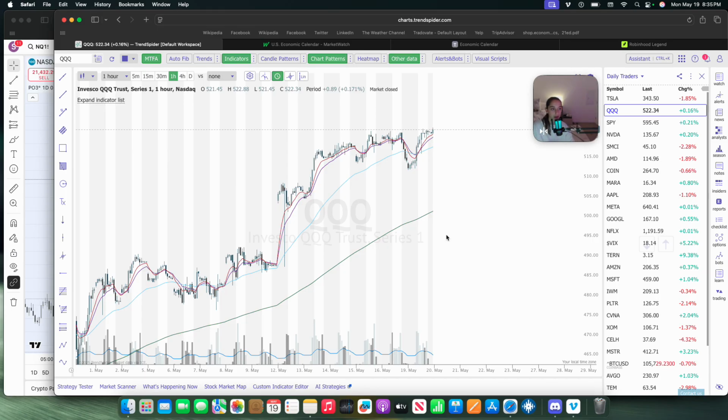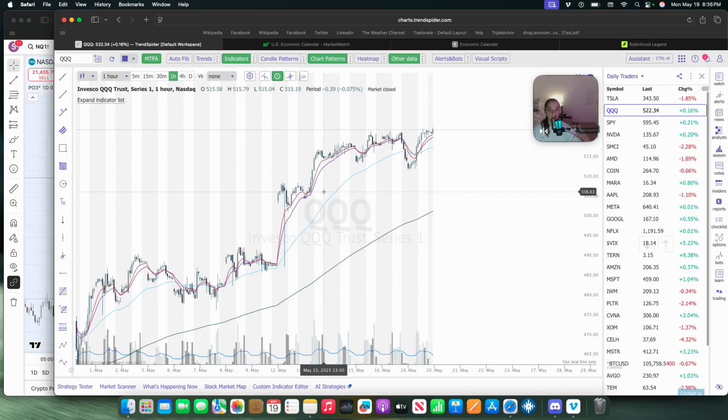So those are the three big ones. But sometimes it changes. Sometimes I'll mark out Nvidia. Sometimes I'll mark out Meta. Sometimes I'll mark out Coin. Sometimes I'll mark out Google. Sometimes MSTR. It kind of just changes depending on what I'm seeing that day, pre-market, and what kind of moves we are getting. So first thing, mark out my levels, especially on QQQ and SPY.